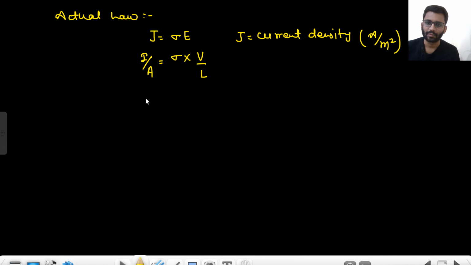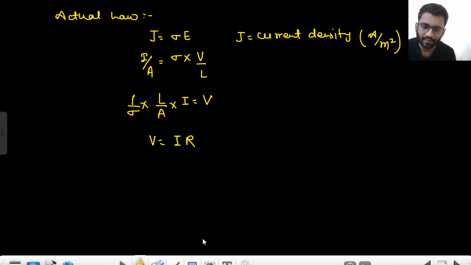So from here what do you see? 1 upon sigma into L by A into I is equal to V. So basically V is equal to IR.